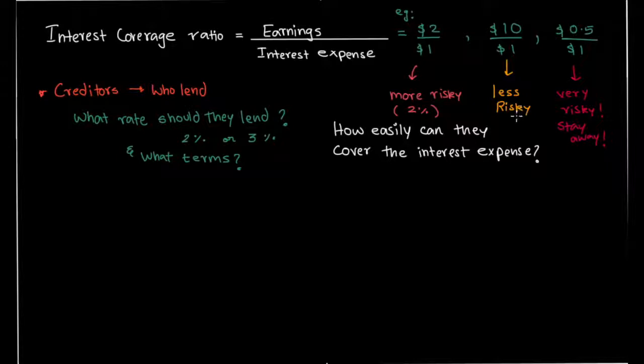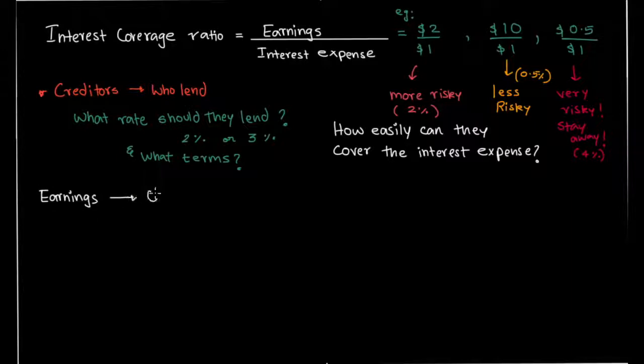The second firm has a lot of earnings for every $1 of interest expense, so they can easily cover it. Let us give them 0.5%. We're not taking too much risk here. The final firm is very, very risky. We would not even lend to them, but if we were to, we would give the highest possible rate so that they would even stop asking us for the money. And this is how we use the interest coverage ratio.